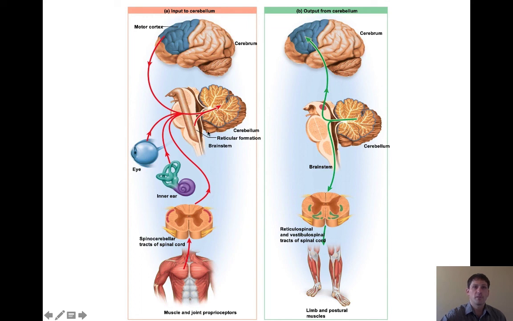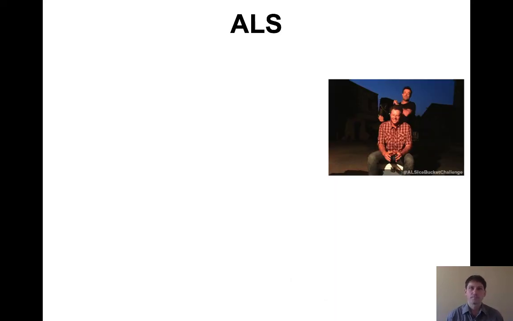All that information is being processed by the cerebellum, and the cerebellum is then responding to our muscles through the reticulospinal and vestibulospinal tracts to help keep us balanced and help us with our posture. But it's also sending signals back to the brain so that the brain is aware of our position as well.